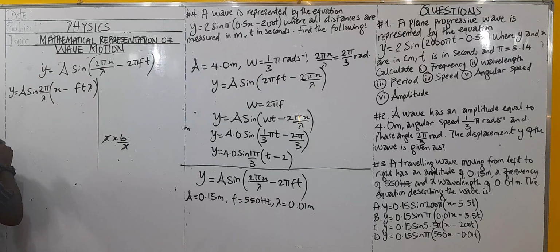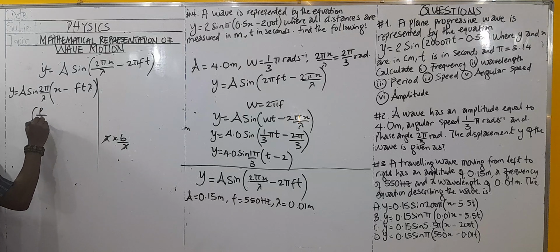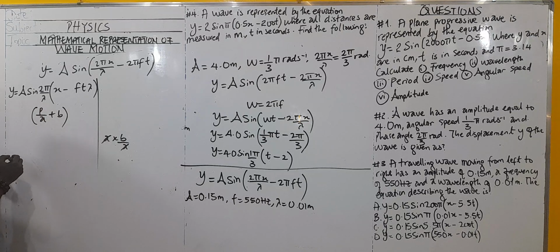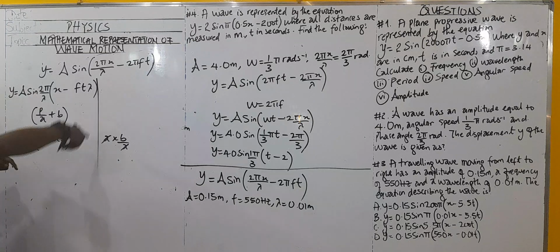Let me do another one. Say I want to factorize 1 over a out of ap plus ab. This denominator is just like taking the inverse.